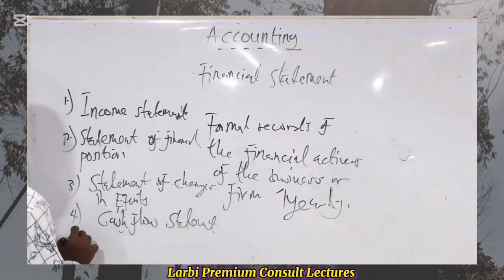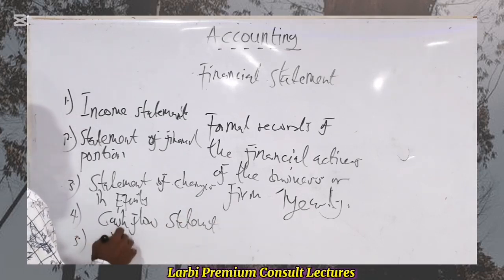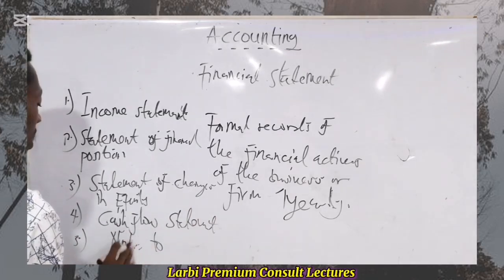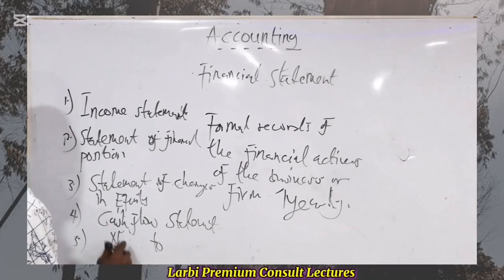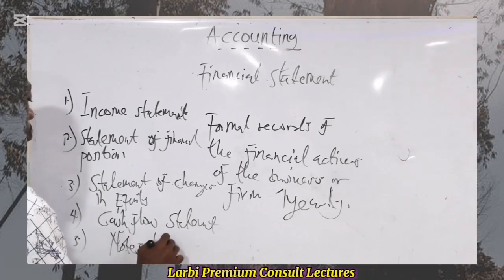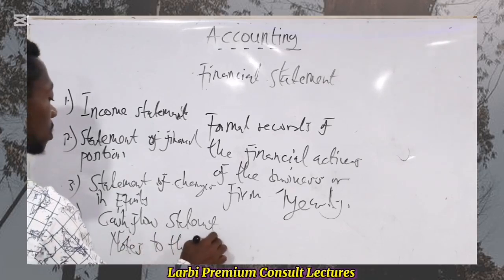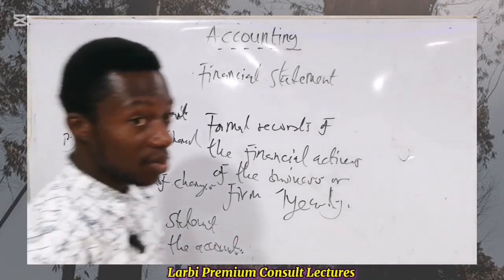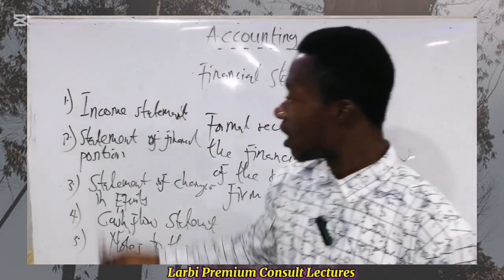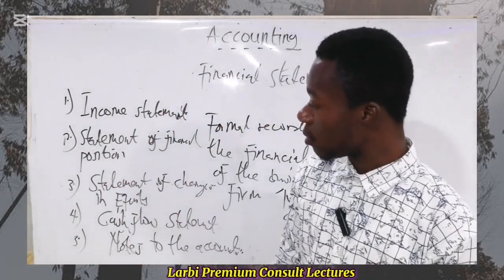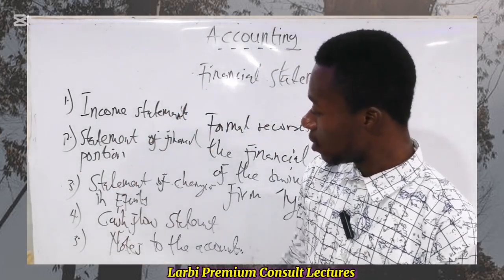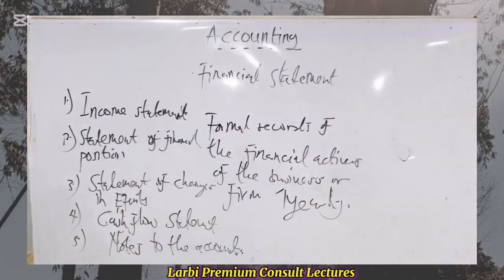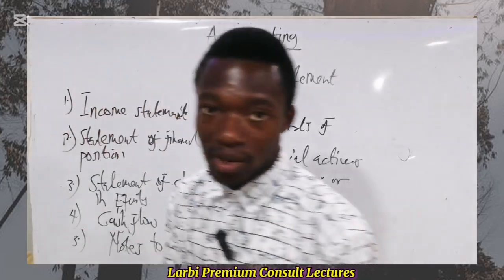And then lastly, we have what we call the notes to the accounts, or the notes to the above statements. These are accounts and statements at the same time. So we have the income statement, statement of financial position, statement of changes in equity, cash flow statement, and then notes to the accounts.